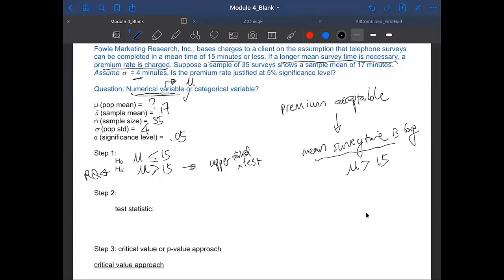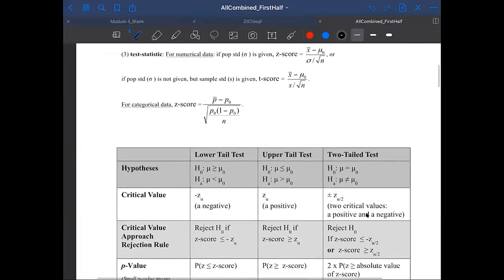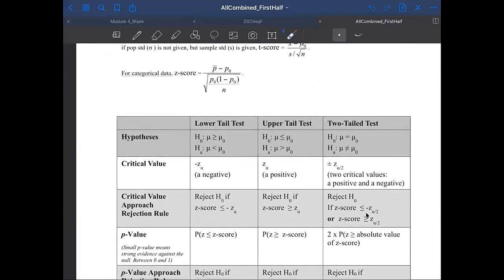Why do I keep emphasizing this? Because if you cannot tell whether it's an upper tail or lower tail, you're not sure how to use this formula. You don't have to use the formulas given here in the table. You can sketch a bell curve, which is what I typically do.